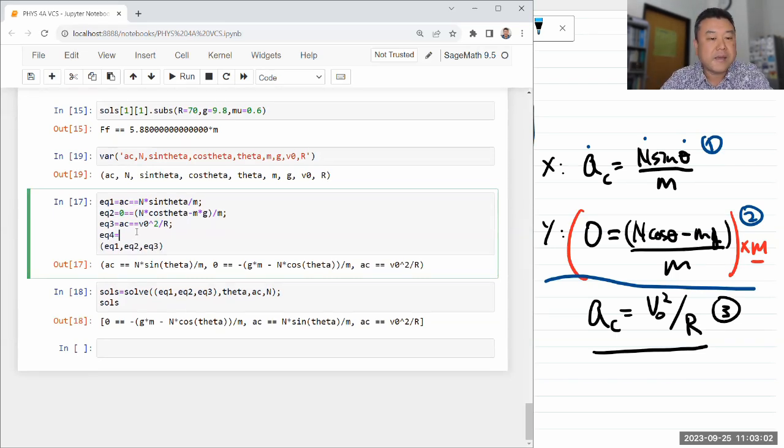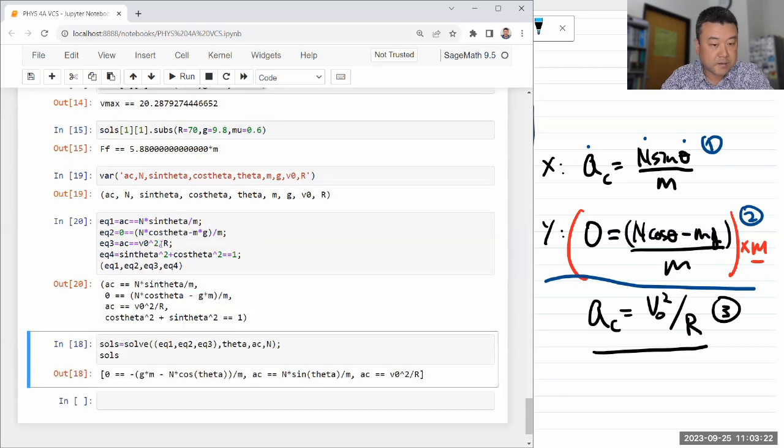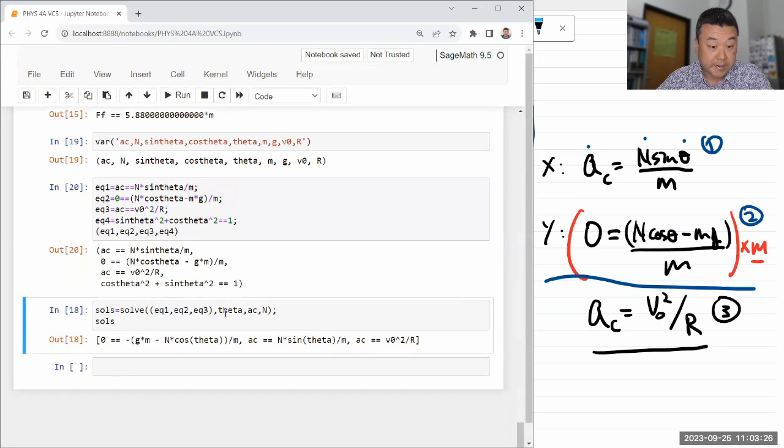By treating sine theta and cosine theta as a separate set of unknowns, I'm introducing an additional unknown. So I should give it an additional equation that will constrain them: sine theta squared plus cosine theta squared is equal to 1. That'll, I think, give it enough structure to be able to do this algebraically.